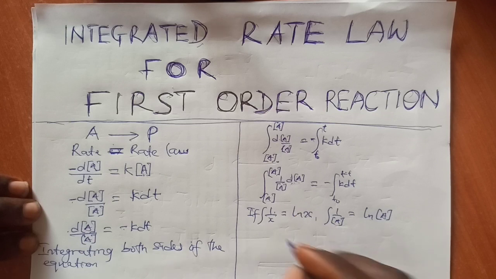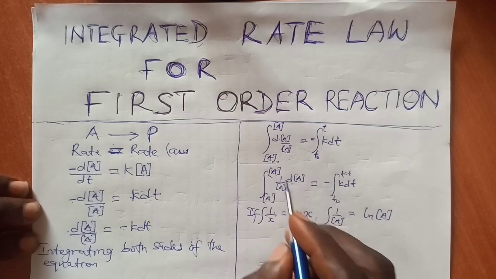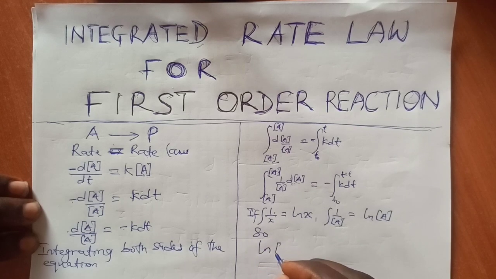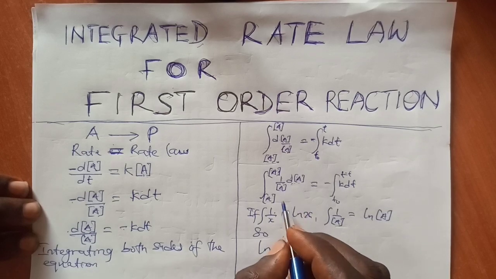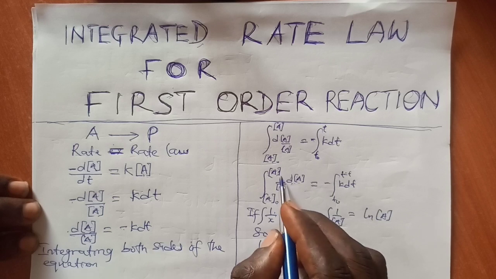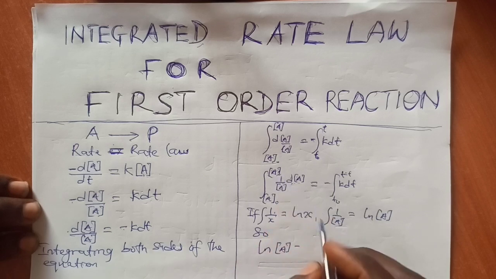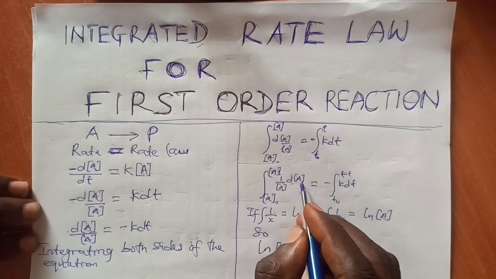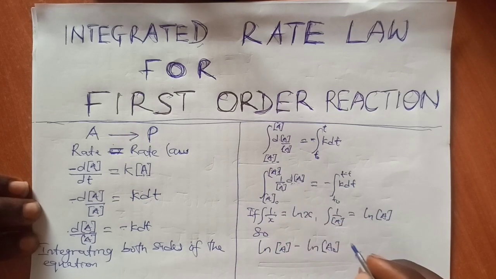Okay. So in a nutshell, you are starting from here, ending here. This will give me ln the concentration of A at a particular time, and then I am going to have ln the initial concentration, which I take as my initial, taking the other as my final.